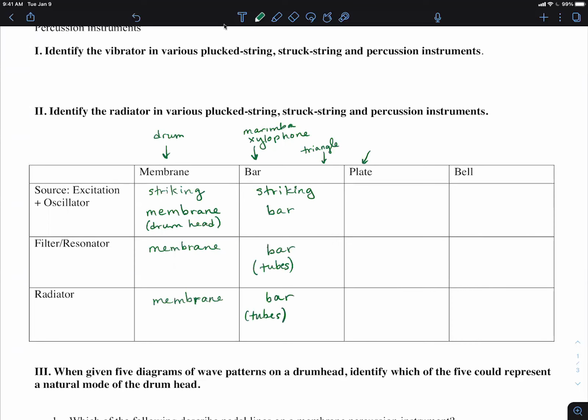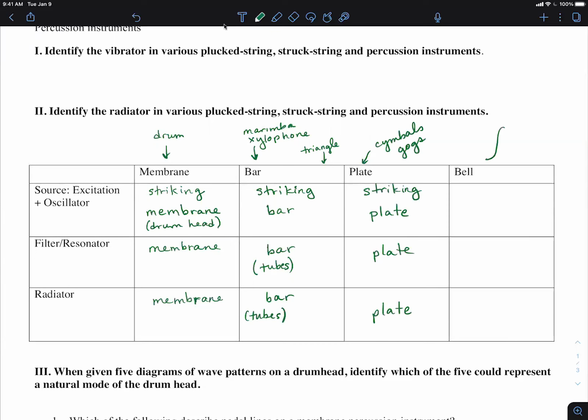For plate, you're thinking of cymbals and gongs, metal circular things. Again the excitation is striking. The oscillator is the plate, this circle of metal. And then the filter resonator is the plate and the radiator is the plate. And then for the bell, that's any kind of bell, right?